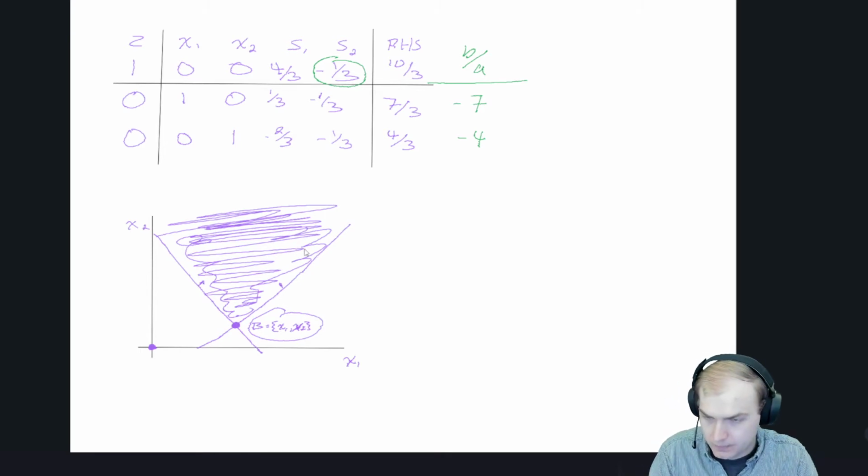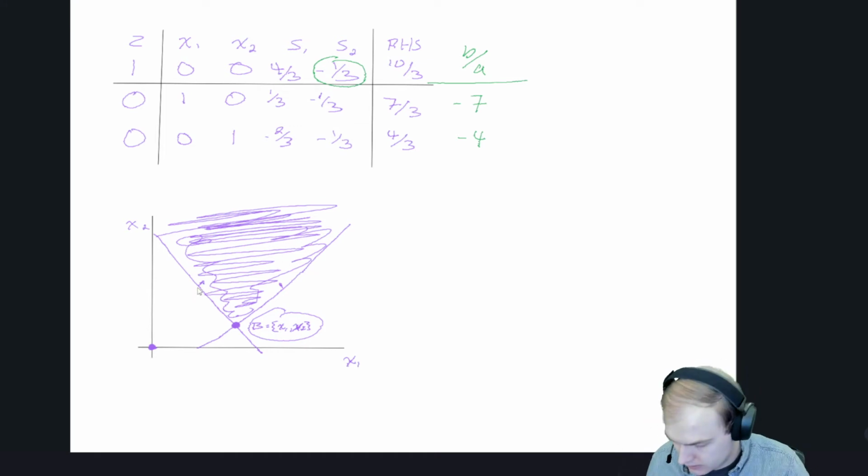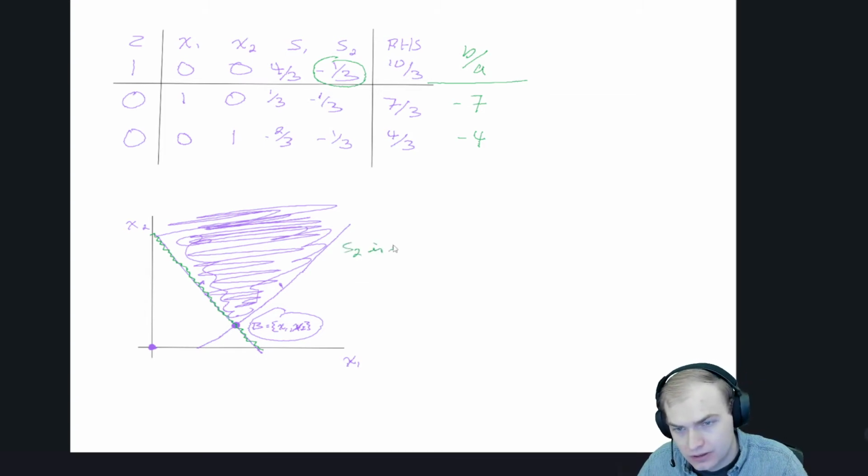This constraint is the second constraint listed there. So S2 is the distance of our solution from the green constraint.